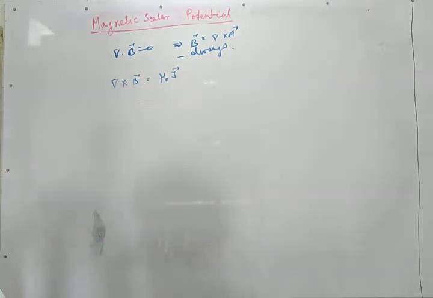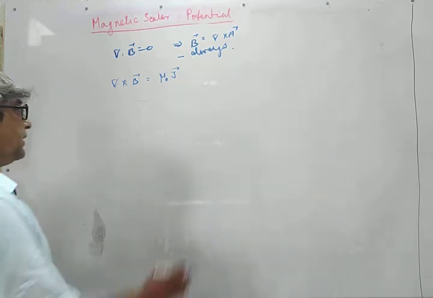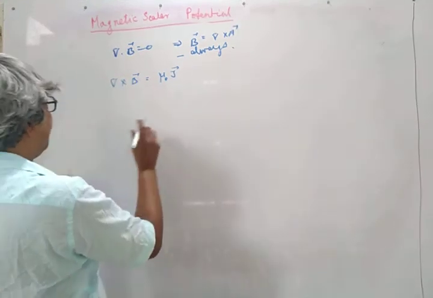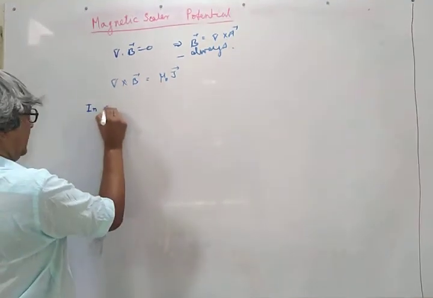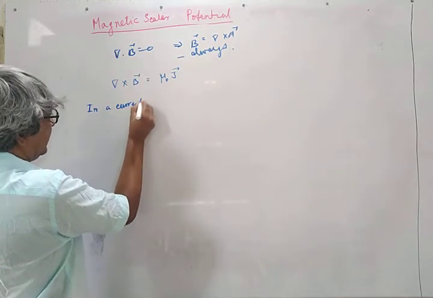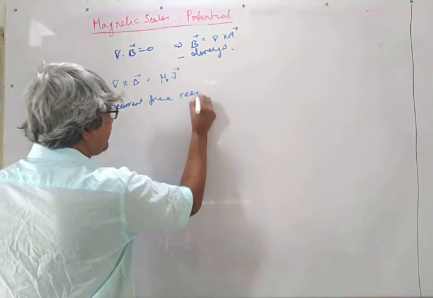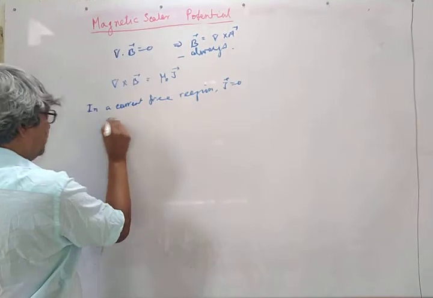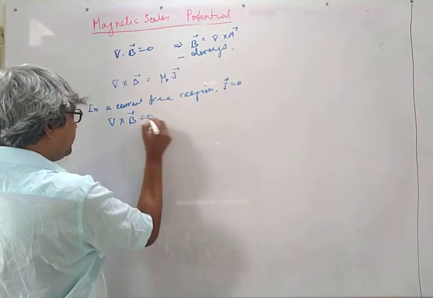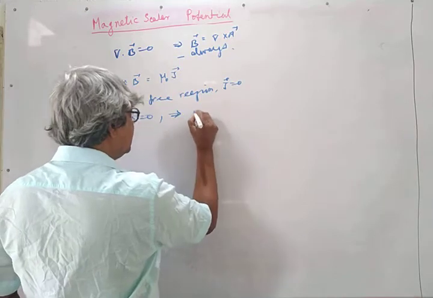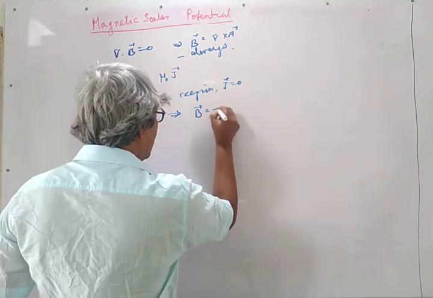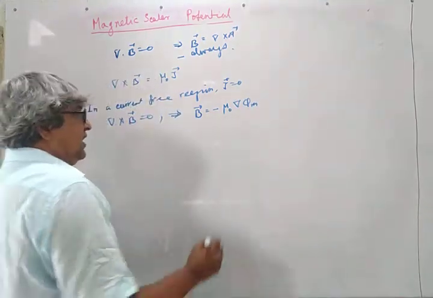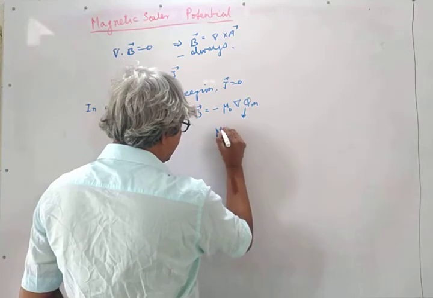If the point under consideration is not occupied by any current, that is, in a current free region, we have J is the null vector, and hence curl B is equal to 0, which readily suggests that B can be derivable from some scalar point function. Conventionally it is written as this, and this is known as magnetic scalar potential.